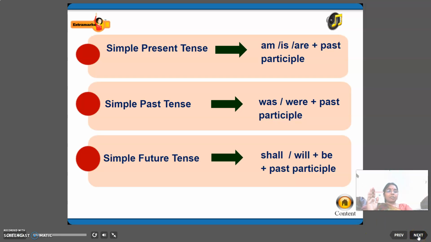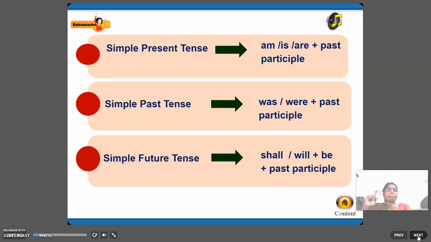So these are all the rules that you have to change. When it is simple present tense, am, is, are plus past participle V3 form. V1 is present tense, V2 is past tense, V3 is past participle. Simple present tense: am, is, are and past participle.